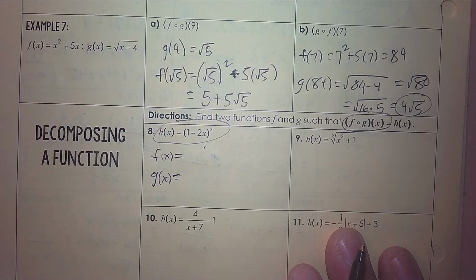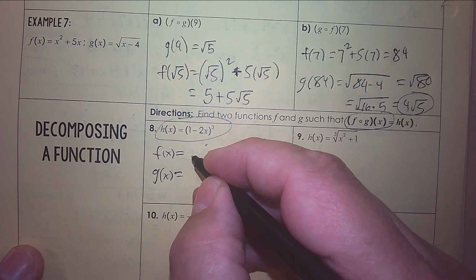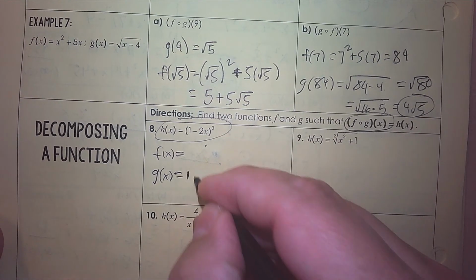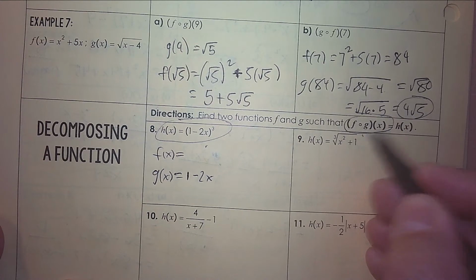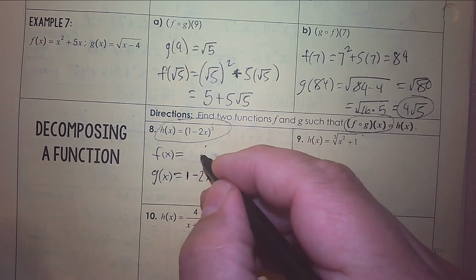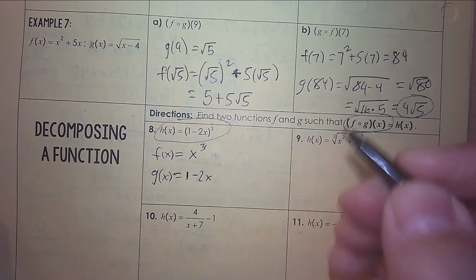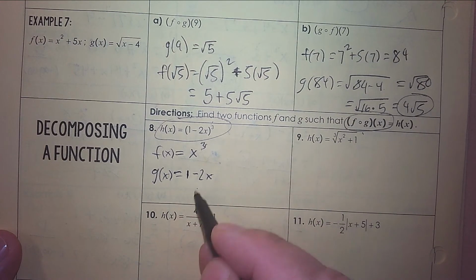It's not that bad. What is inside the parentheses? Excellent. That's G, right? Because that's the part that G is inside. What's on the outside of the parentheses? Cubed, right? So we just call that x cubed, meaning if I took out the x and put in that, it matches.